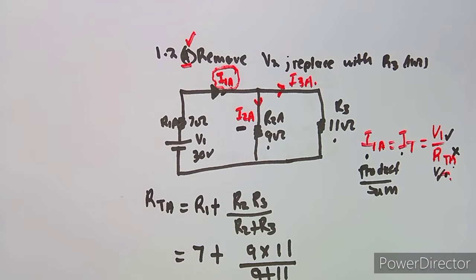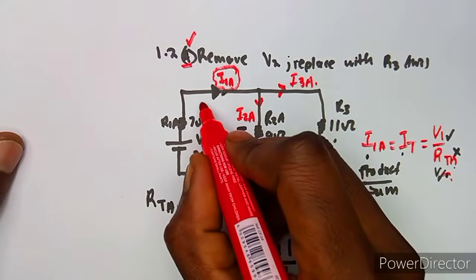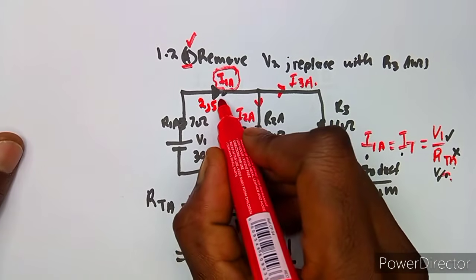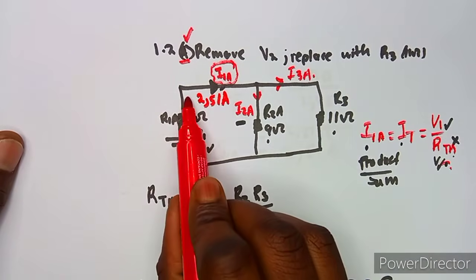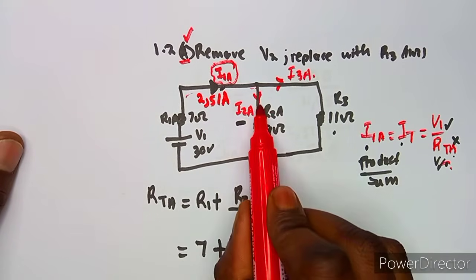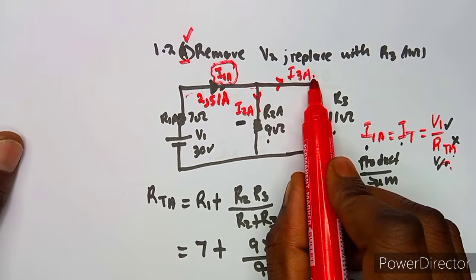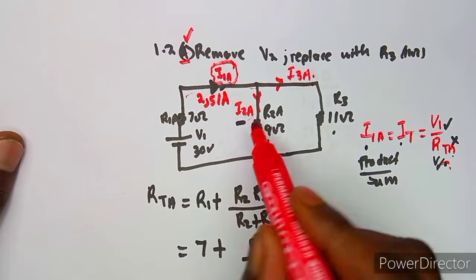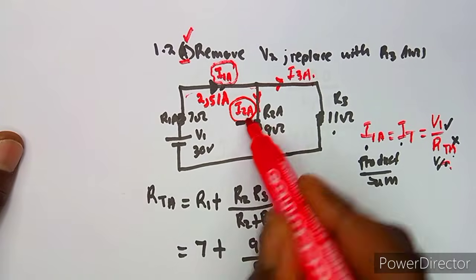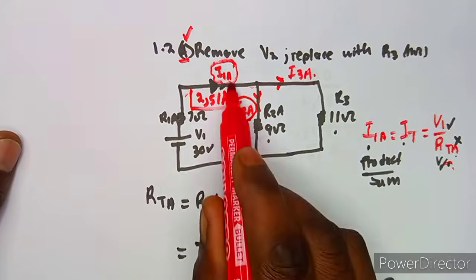I'm going to put it on the diagram like this. We have calculated this and we obtained 2,51 amps here. This is what it means: this current is going to flow in here and also branch this way. As we know from our current divider rule, we can calculate this current from the current that we are given.